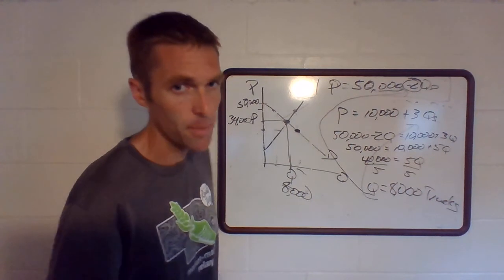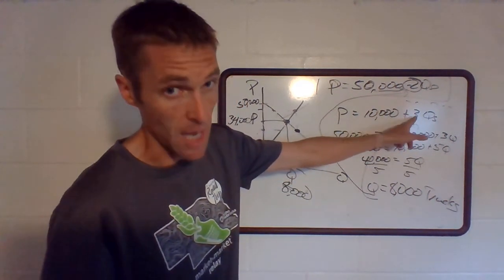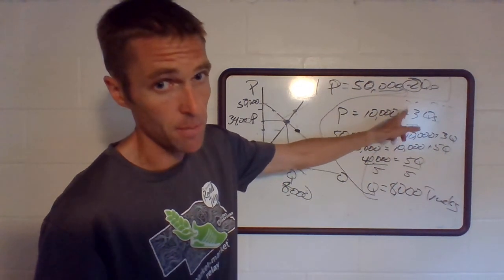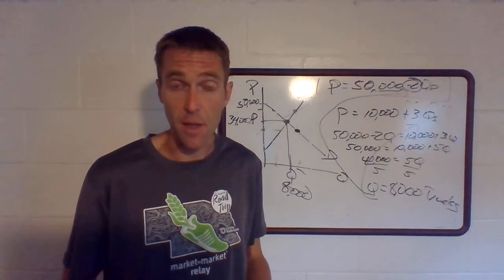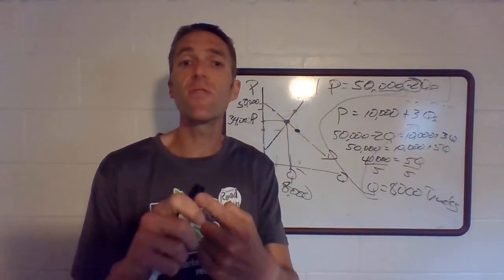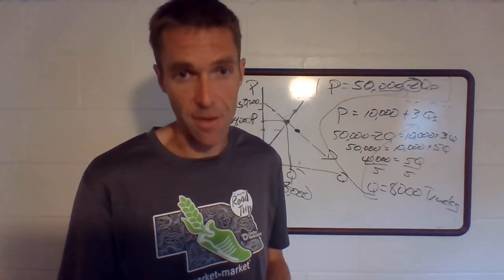They must be small pickups. 10,000 plus 3 times 8,000, 10,000 plus 24,000 is also $34,000. So our market clearing price is $34,000. Our market clearing quantity is 8,000.